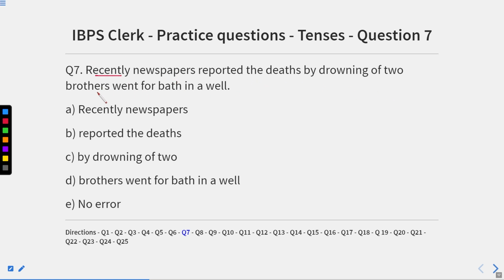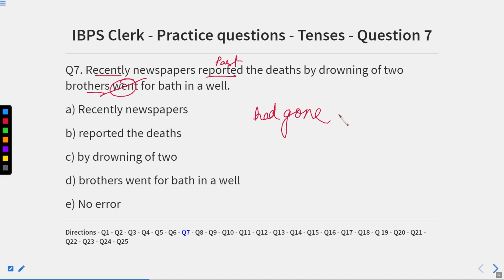Obviously newspapers reported, so this is past tense, and the action must have occurred before the report, before the news. And if there is a past of past, we write it in past perfect tense. Therefore this went should be replaced with had gone.